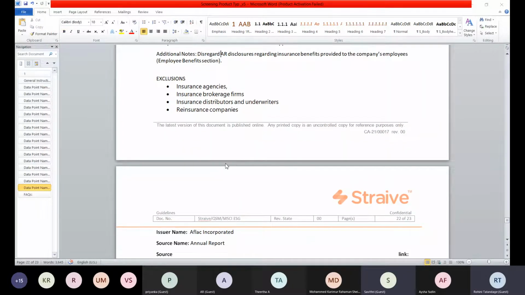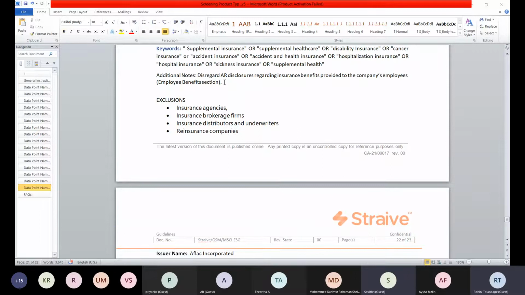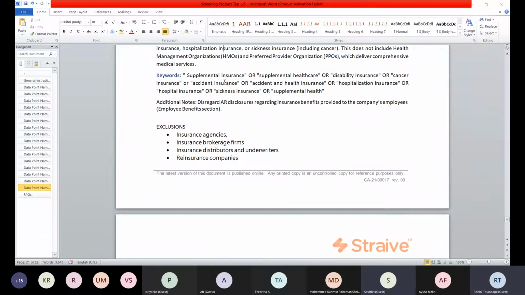And here also we have given a note. Additional note: disregard AR disclosures regarding insurance benefits provided to the company employees.